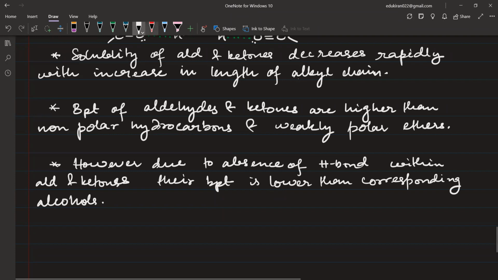So first of all, the highest boiling point will be of that compound which contains hydrogen bond.